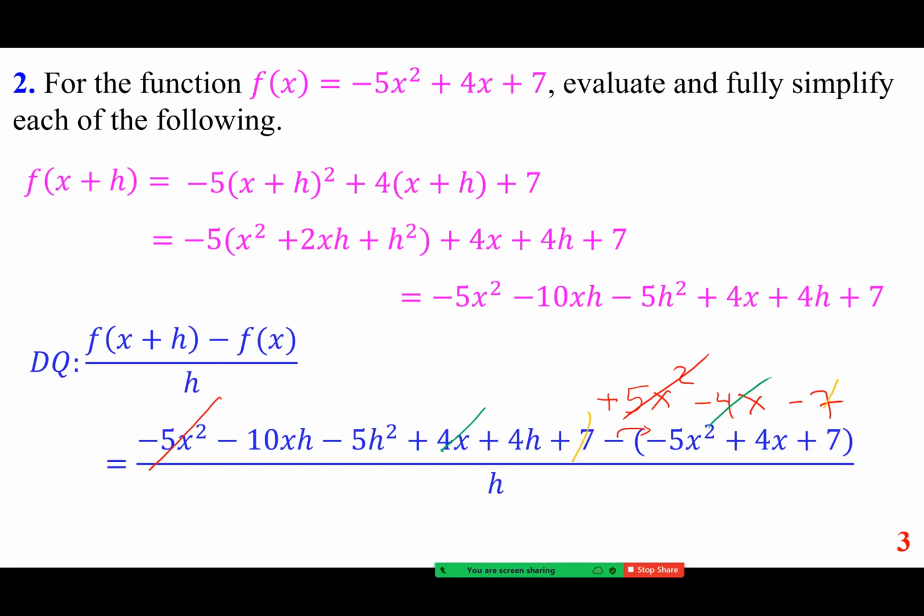Positive 7 minus 7 cancel each other. So we are left with this one, and this one, which means we can factor the h out from the numerator. We get minus 10x minus 5h plus 4. So that's the numerator. I drop the h with h. This is the final answer.